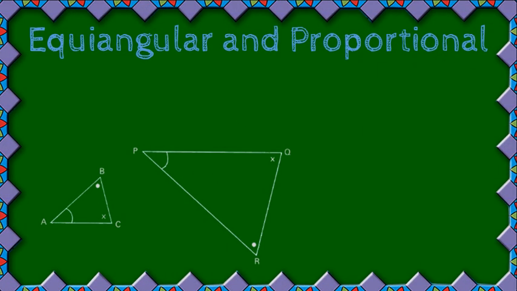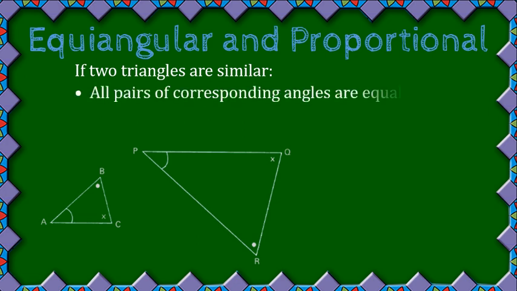Equiangular and proportional. If we're given that two triangles are similar, then there are two things that we know about the triangles. The first thing we know is that they are equiangular. In other words, all pairs of corresponding angles are equal.